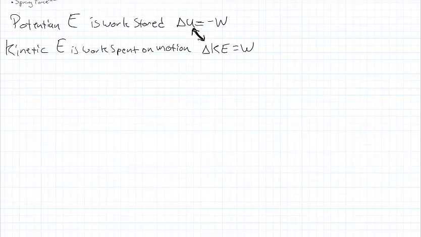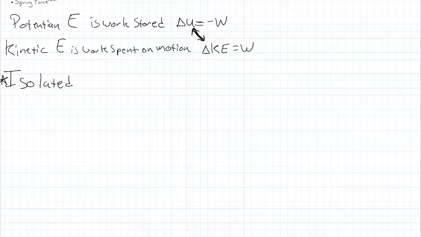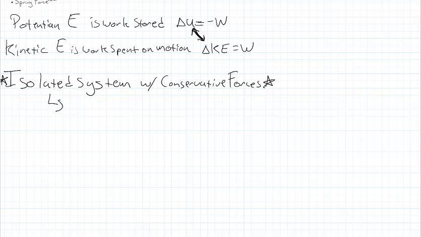And so we say that if we have an isolated system with conservative forces, then we can call the total energy constant, because we're not losing energy or gaining energy from anything.